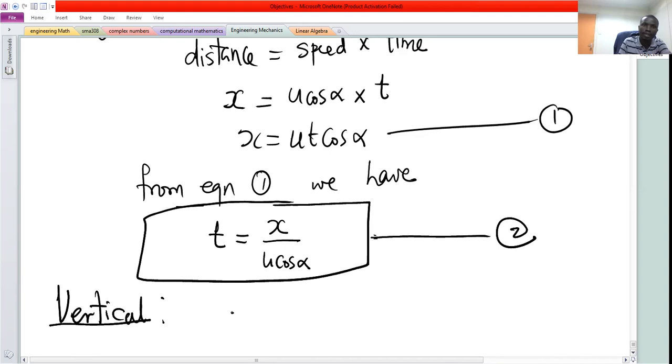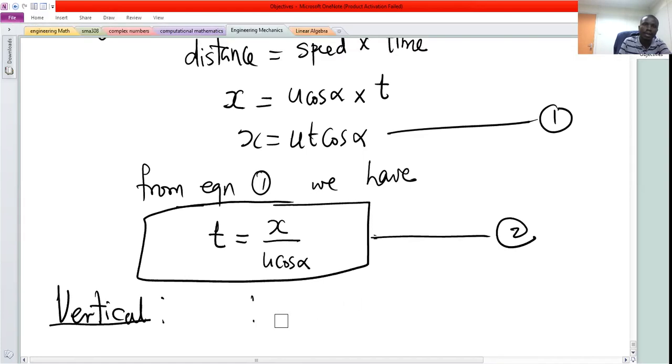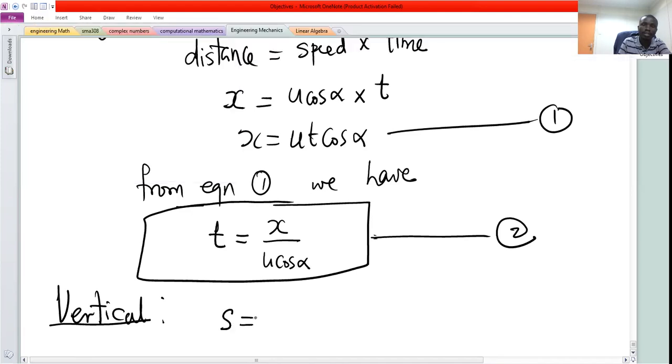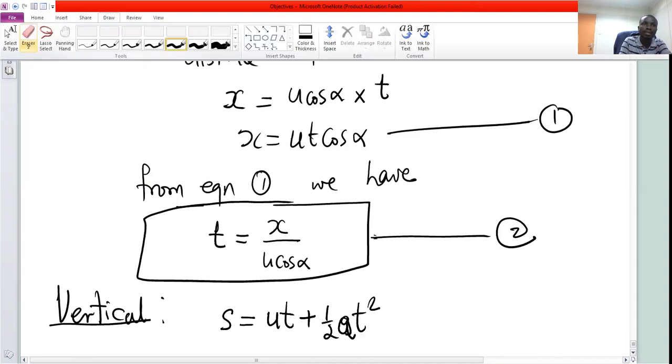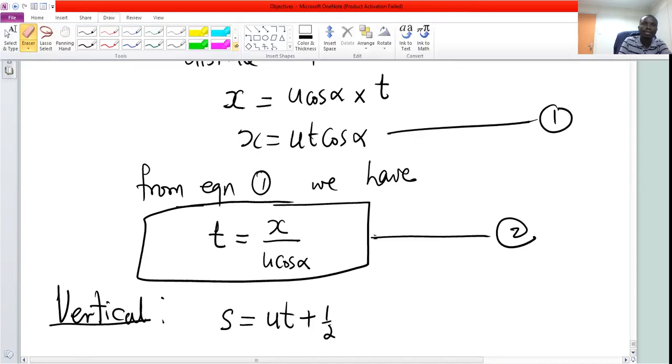Vertically, we say distance, which is the same as height, is given by the distance formula from equations of linear motion. We know that distance is given by ut plus a half at squared. We know this from the discussion on equations of motion of particles moving in a straight line.